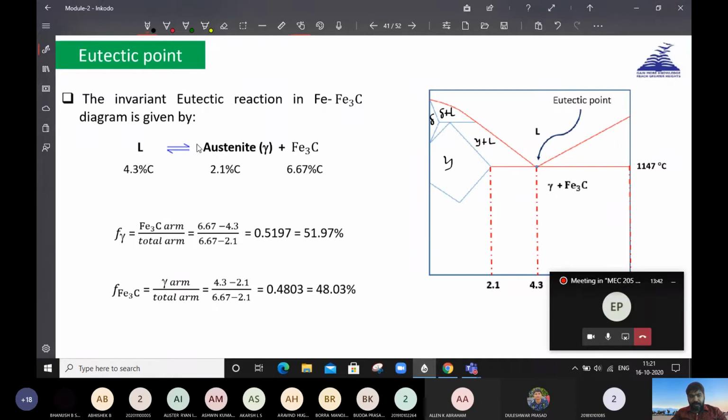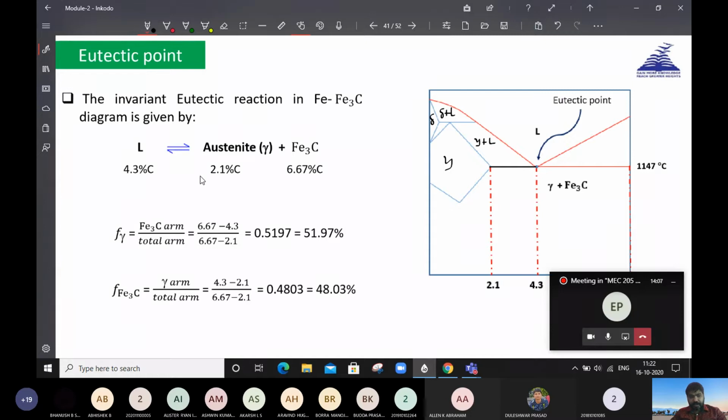Now the question comes, what is the composition of austenite? At this point you move left and see where this line strikes the austenite boundary. If you move like this, you'll find that this line intersects the austenite boundary at this point. When you come downward, you can see that the composition is 2.1%.